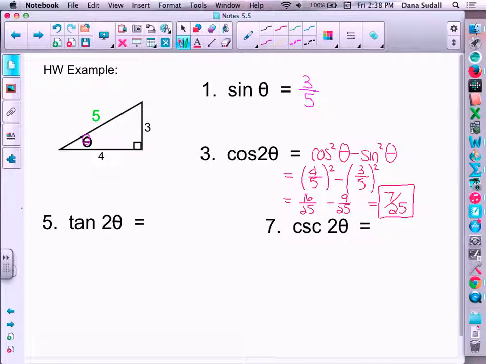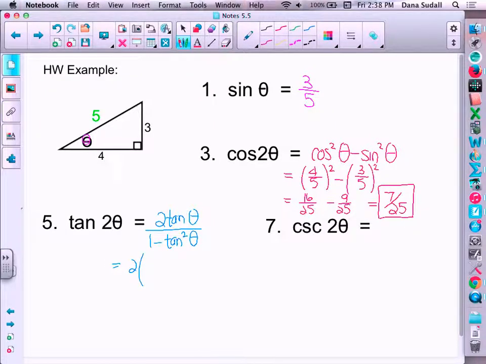All right, and then number 5, they asked for tangent of 2 theta. Now, if I had to find sine of 2 theta, I could just do the same thing I did with the notes there and do sine divided by cosine, but I didn't find sine for this one, so I'll use the identity. The identity for tangent 2 theta is 2 tangent theta over 1 minus tangent squared theta.